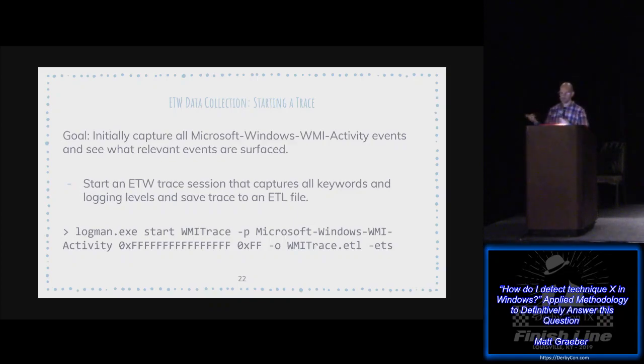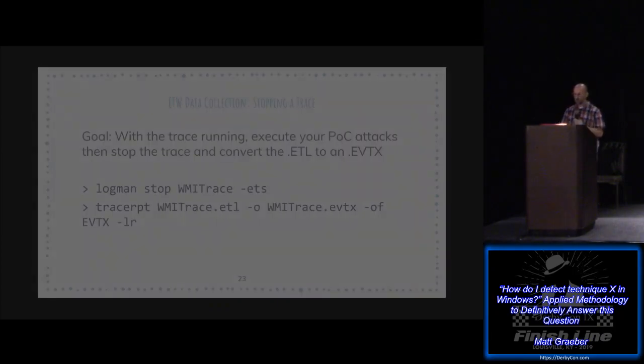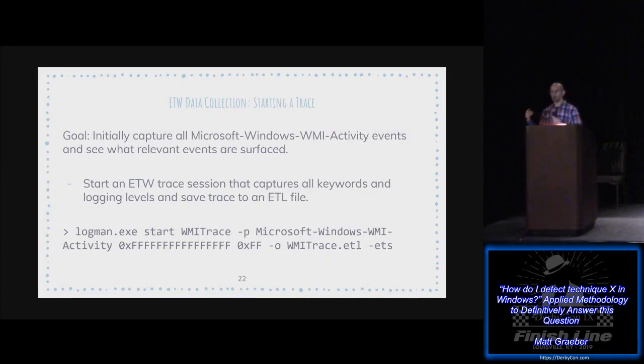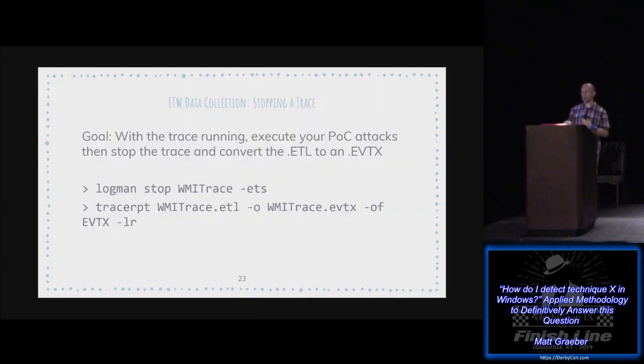And then 0xFF, this byte refers to the log level. Okay? I don't care about the log level. I don't want to filter. Just give me all the events. And then I'm going to output it to a trace file, an ETL file. Okay? And then -ets is, I think, like a real-time trace session. I just always use that and always forget what it means.